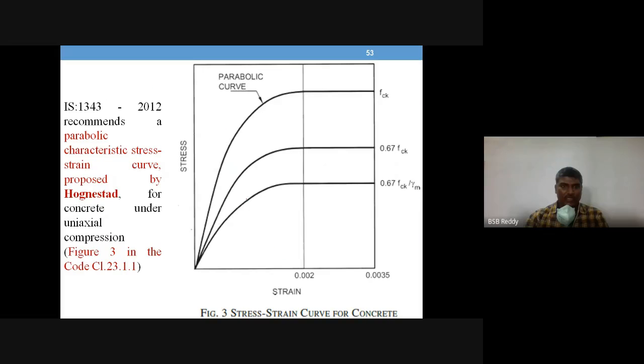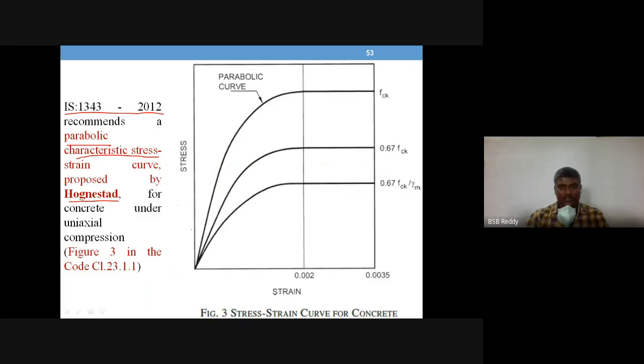Okay. And that stress strain curve is initially linear and then non-linear. For simplification of our calculation, IS code 456 2000 recommends a parabolic characteristic stress strain curve proposed by Hognestad for concrete under uniaxial compression.